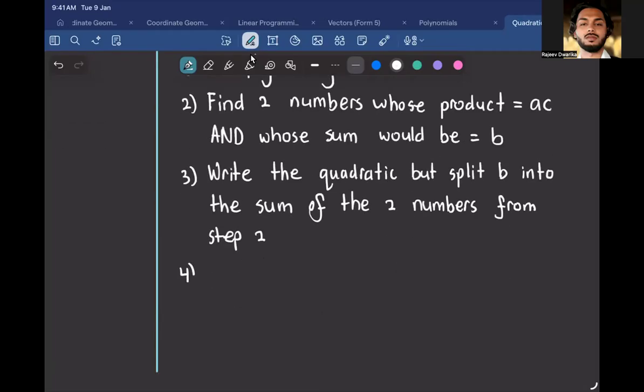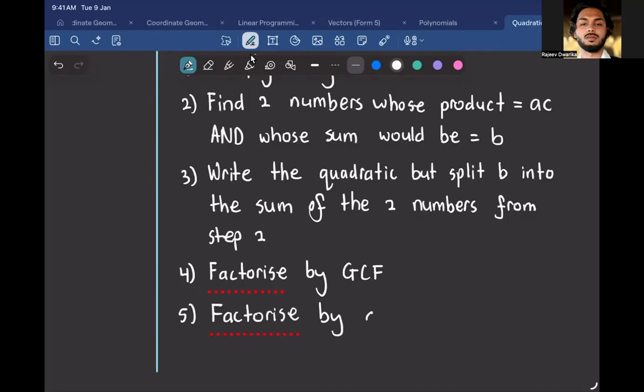Step 4, factorize by greatest common factor. And then step 5, factorize by grouping.